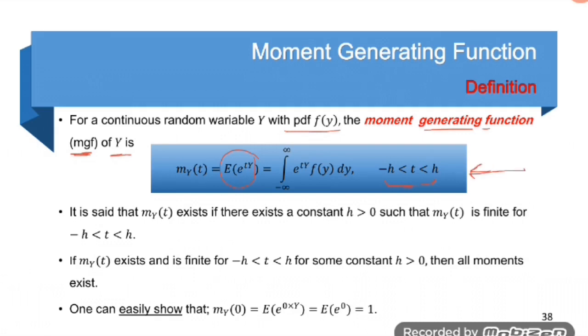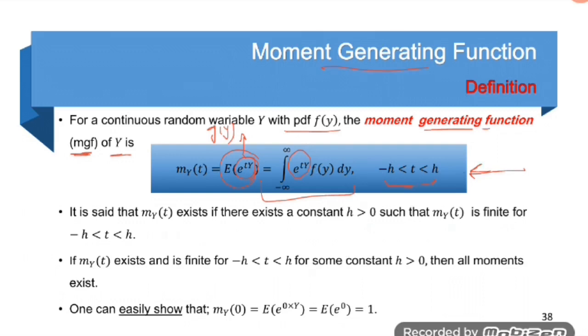If we treat this function as g of y, then we substitute in the form of the expected value of a function of a random variable using integration. So here is the function g of y, but in this concept we have this function equal to e to the power ty.